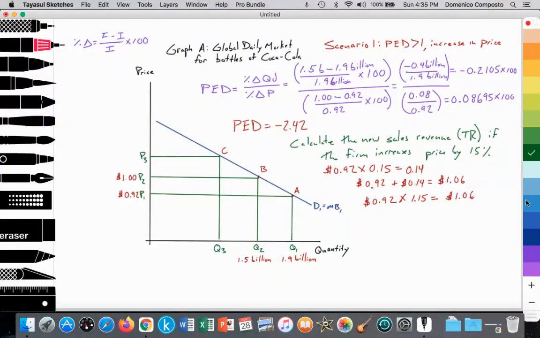We have now just calculated that increase in price. It's now going up to $1.06. We're trying to figure out what the quantity is so that we can calculate the total revenue. This is what we're working towards.